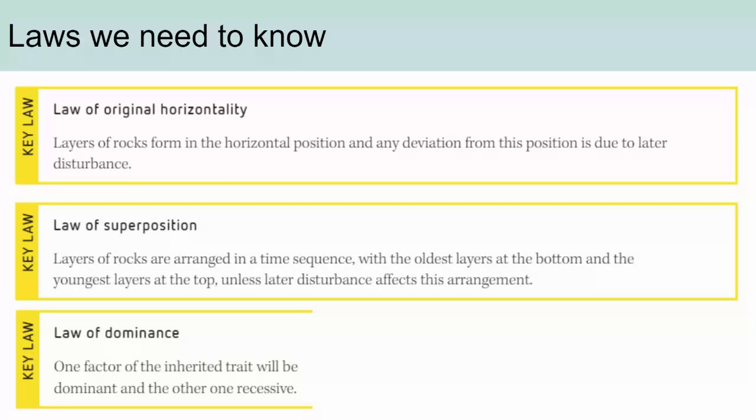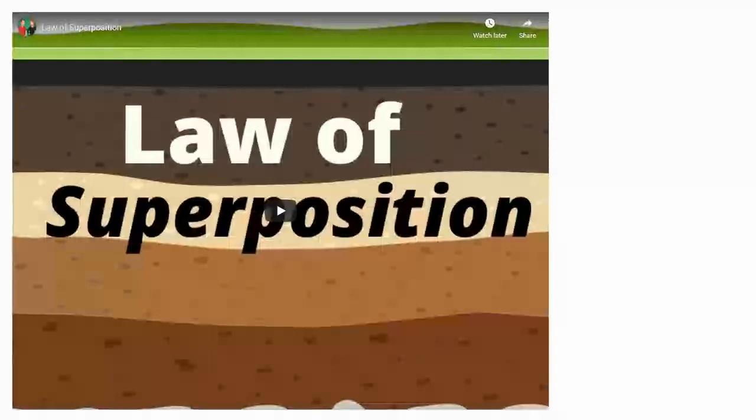The law of superposition goes on the back of the law of original horizontality, where layers of rocks are arranged in a time sequence, with the oldest layers at the bottom and the youngest layers at the top, unless later disturbance affects this arrangement. And then our fourth law is the law of dominance, where one factor of the inherited trait will be dominant and the other one recessive. We're going to watch this video on the law of superposition.